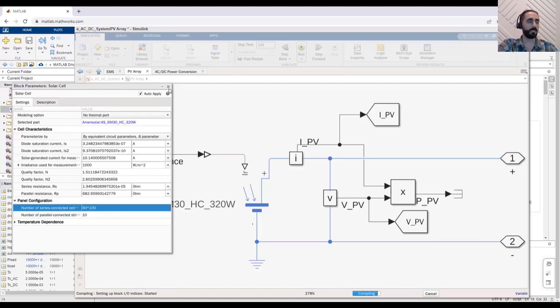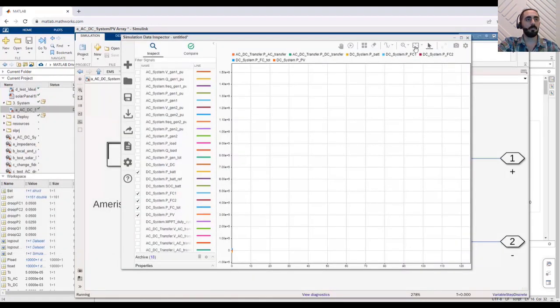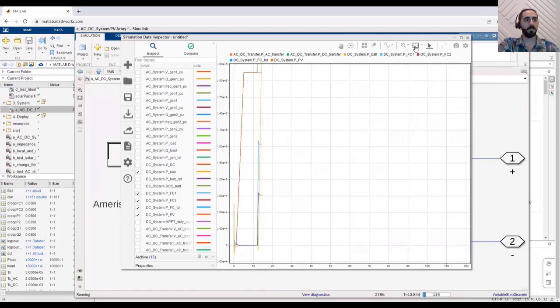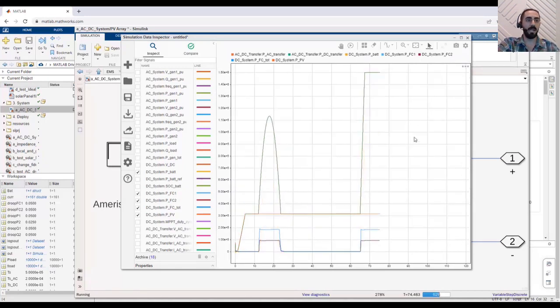I'm going to close this down in here. And now if I maximize the window, you'll see the value for the PV array power. It is indeed multiplied by 10, around 300 kilowatts, but we reduced the fuel cell power.